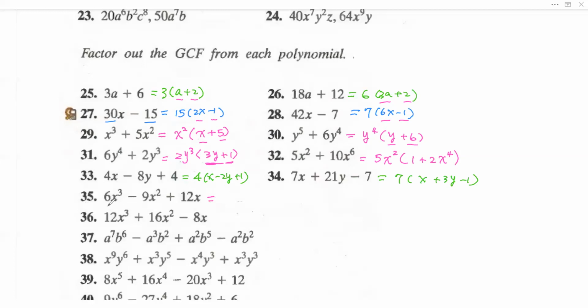All right, see 35. 6, negative 9, 12. So 3 is their greatest common factor. X power 3, power 2, power 1, so x. So you can get a 2x squared. Here is 3x, right? And the last one is plus 4, right?